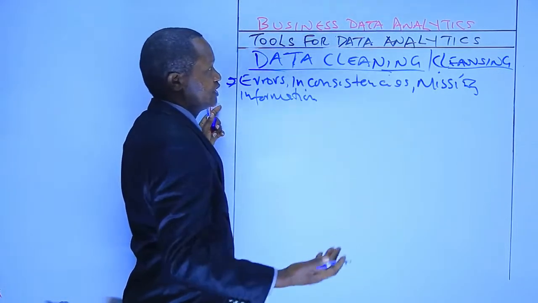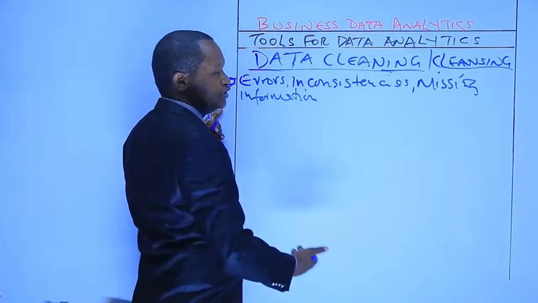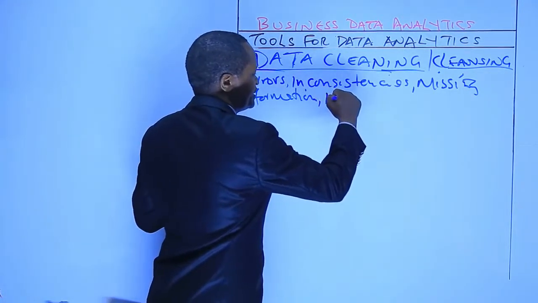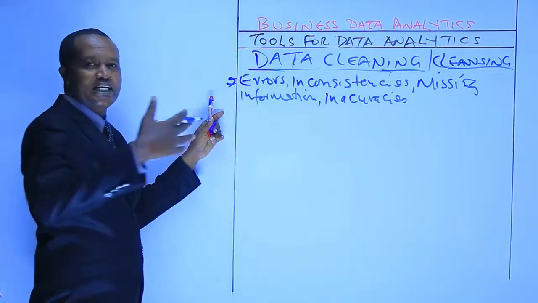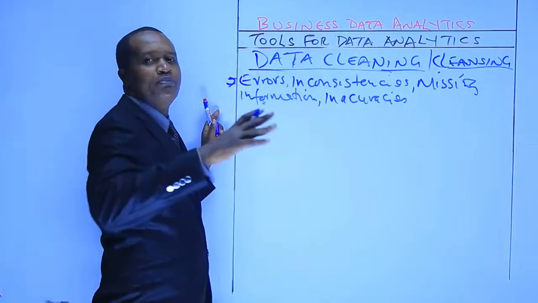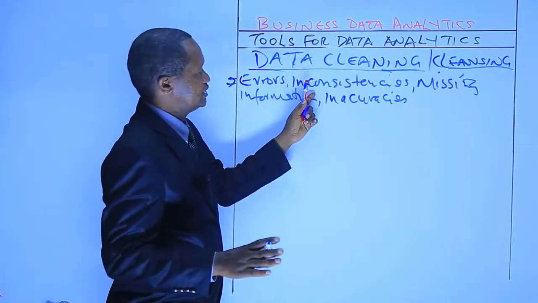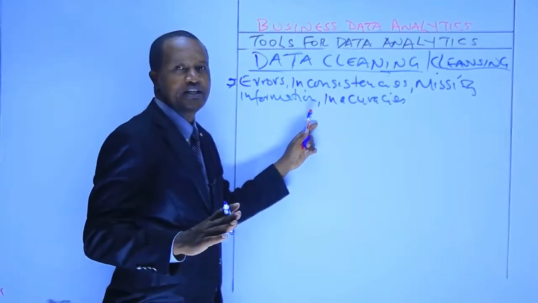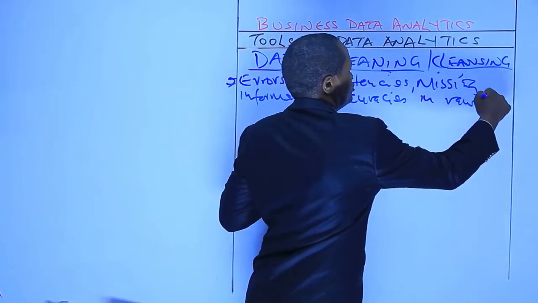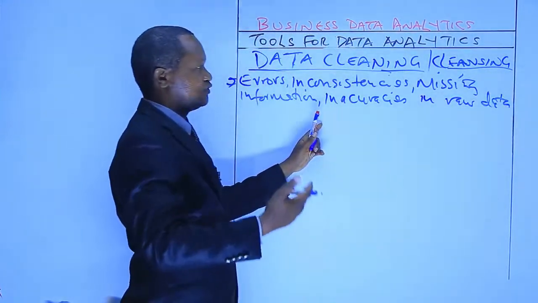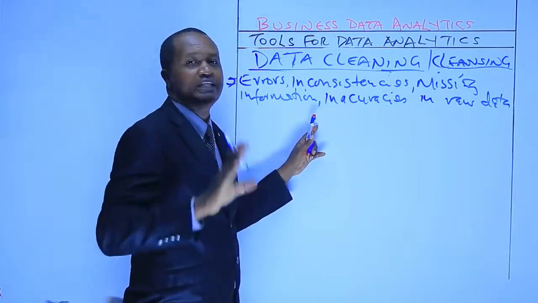That still falls under data cleaning. It may also involve doing away with inaccuracies. So data cleaning is the process of identifying and correcting errors, inconsistencies, inaccuracies in raw data. And the objective of doing all this is to improve the quality and usability of data.